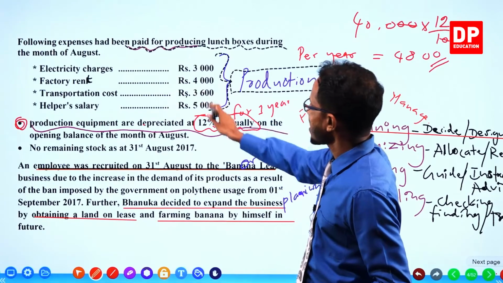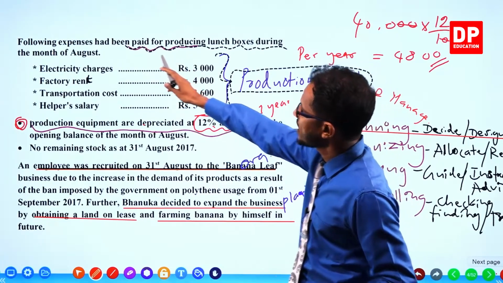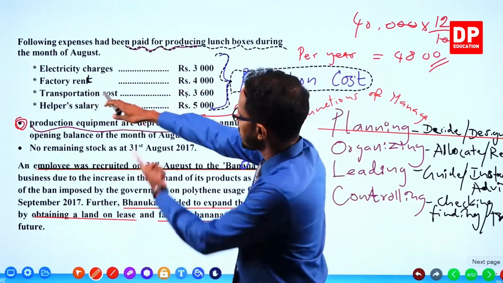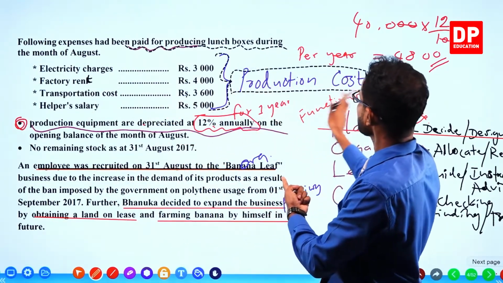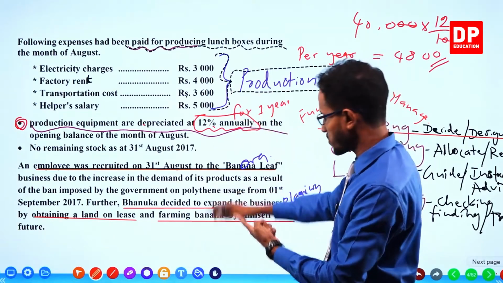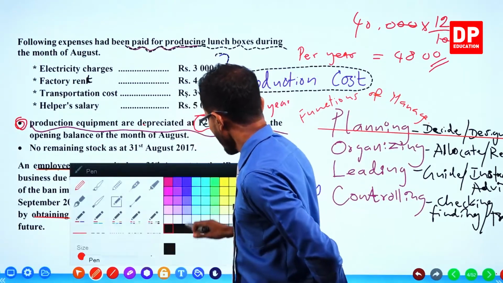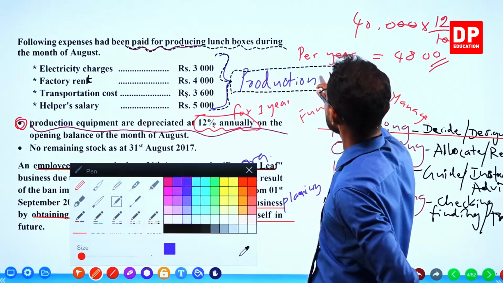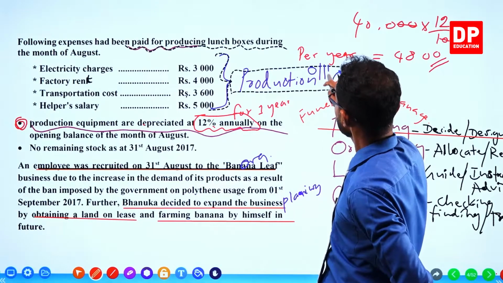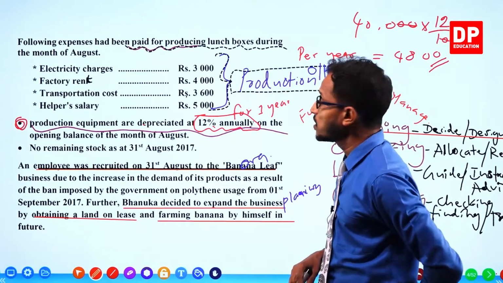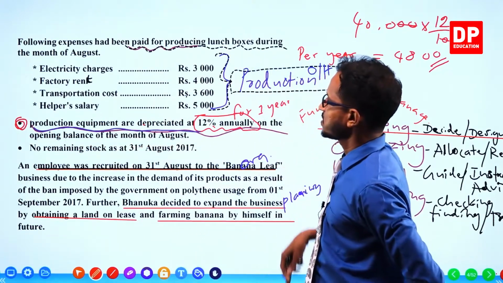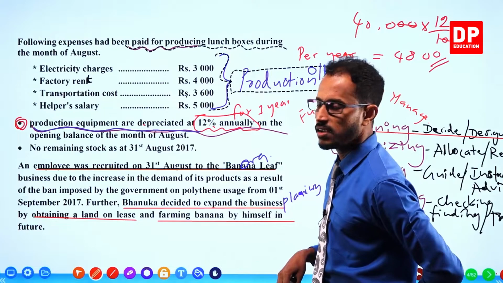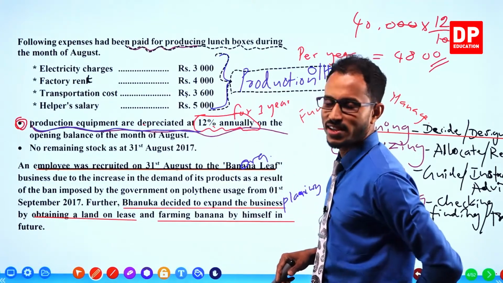Overheads we took all these items. Electricity charges, factory rent, transport, salaries, all are production cost items. Overhead cost, all are overhead cost. Production overhead cost we took. But production equipments are there, and depreciation we calculated.